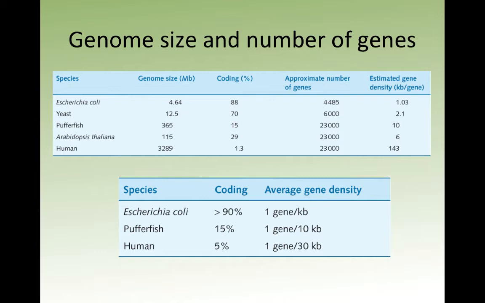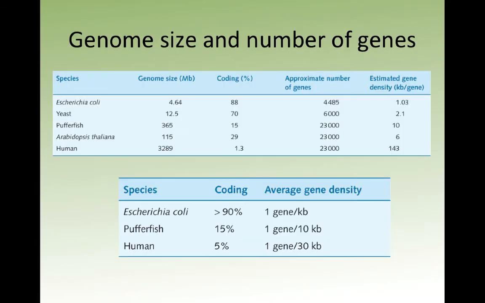We do see an increase in the approximate number of genes, but it kind of plateaus after a certain point, and we don't get a ton more genes despite really large increases in the size of genomes.